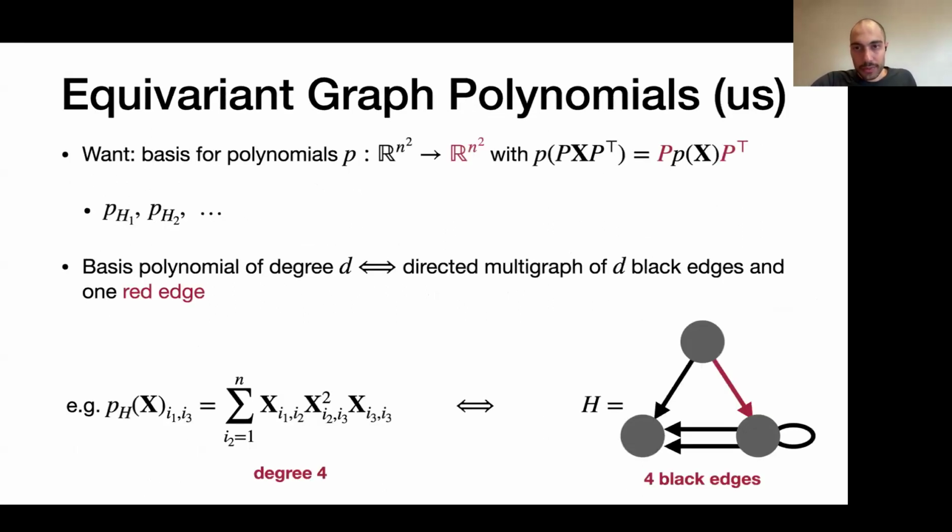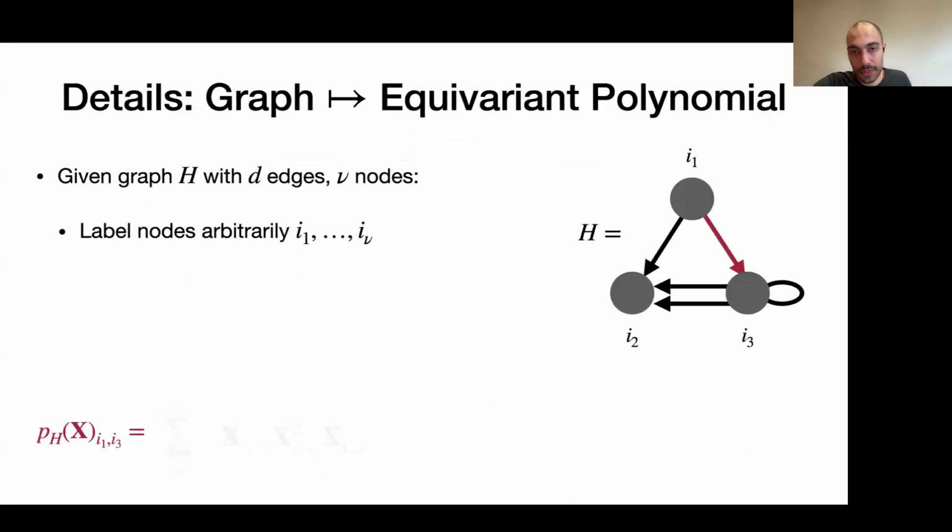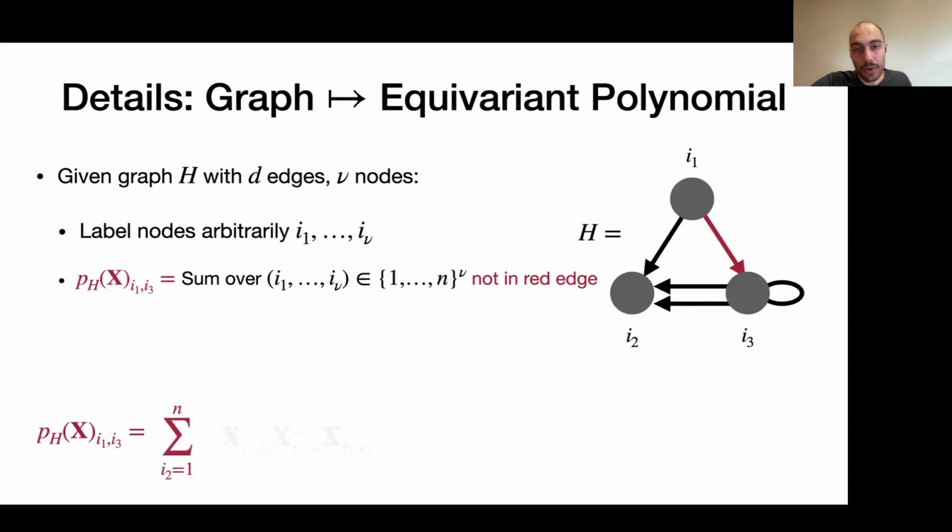How do we do equivariant polynomials? The procedure is very similar, but now we have to add a red edge, and this red edge corresponds to the output of our map. So here we don't have just one number we're outputting, we have n squared numbers we're outputting. You can think of this red edge as keeping track of what output you're looking at. So again, same procedure. Label your nodes. Here we have I1, I2, I3. Sum over all the nodes not in your red edge. So here we just sum over I2.